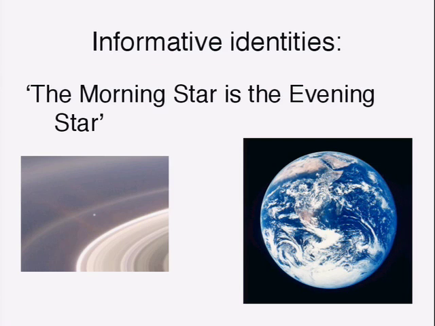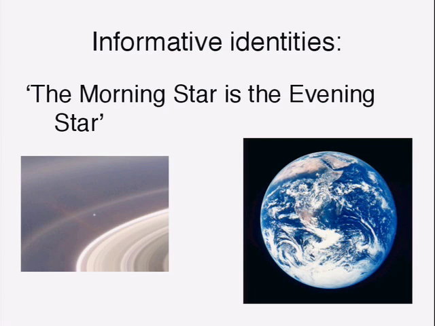It's not analytic, not a priori. Okay, so that's informative if you're told the morning star is the evening star. If you're told this heavenly body is this heavenly body, that's a posteriori. It's not a priori, not analytic, right?